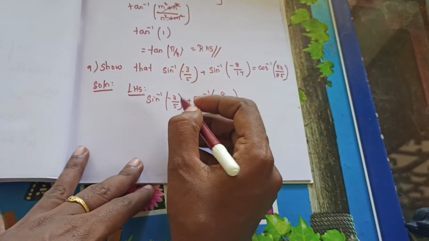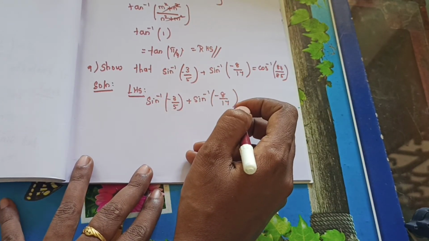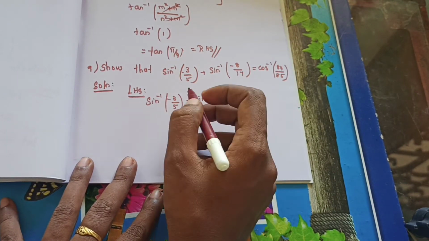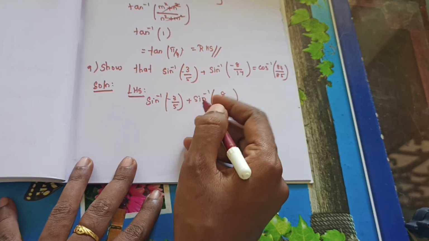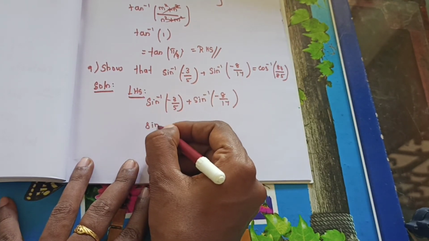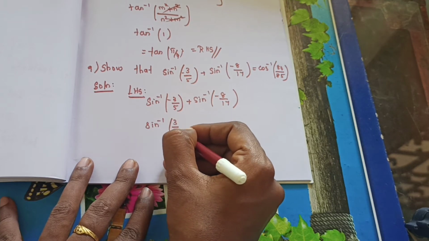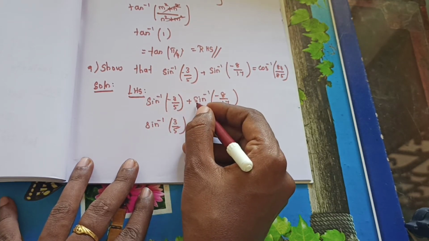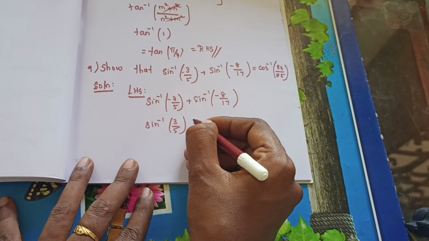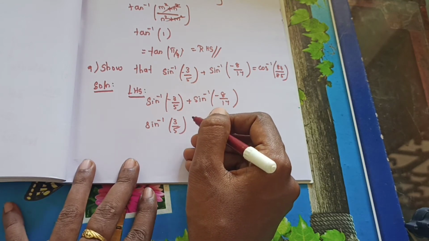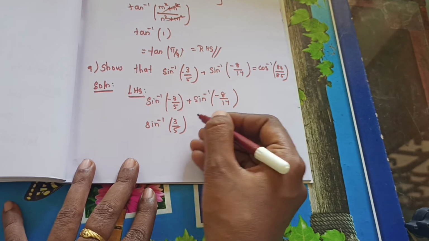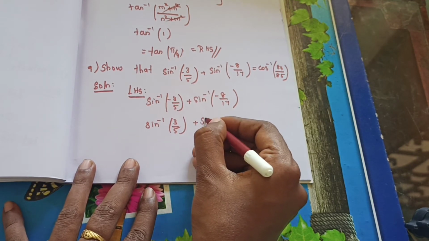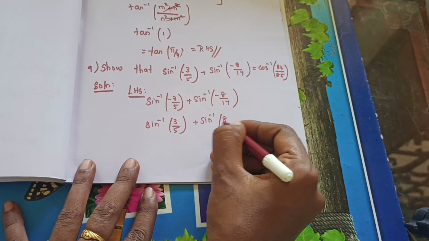Okay, so sine is an odd function or even function? Sine is an odd function. So sine of minus means it will change the minus symbol. So sine inverse of 3 by 5, we will take this minus symbol here. Sine inverse of 3 by 5 plus sine inverse of 8 by 17.